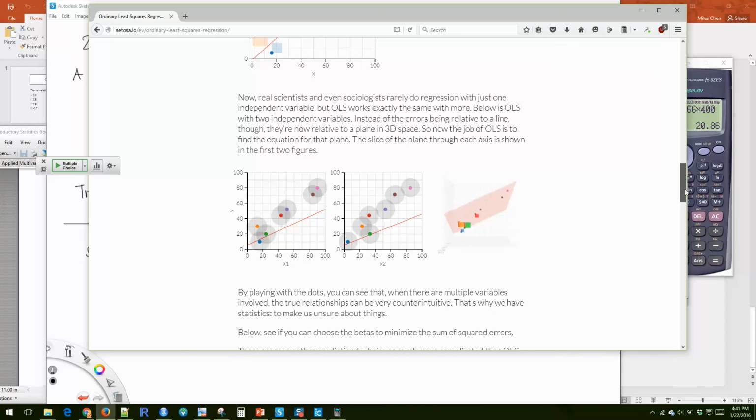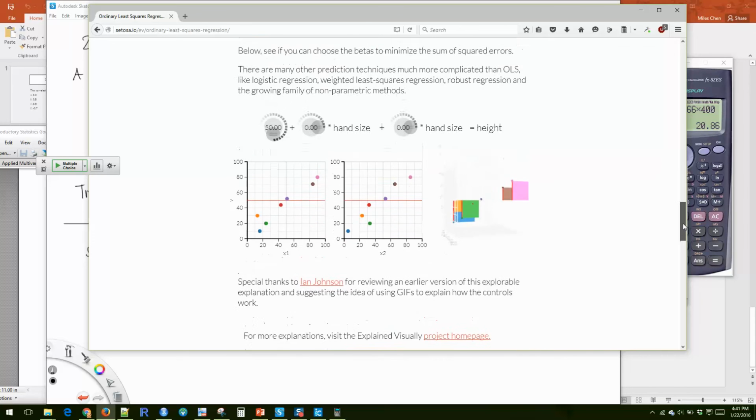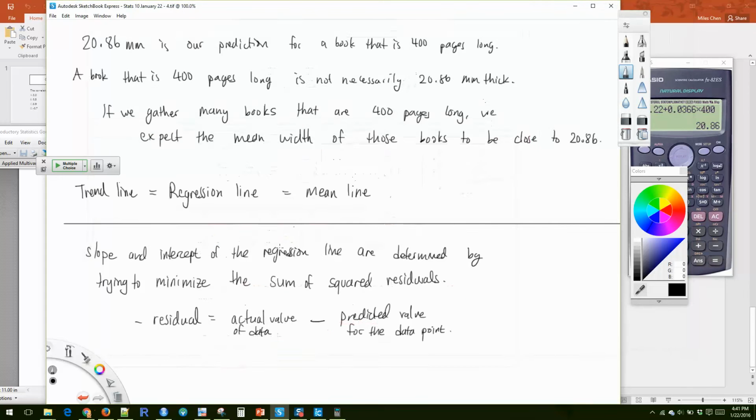Okay, and so anyway, this is just showing what we're doing. So we're trying to minimize the sum of squares of the residuals there. Okay. So if you do some calculus to try to solve this as a problem, you're going to find that the slope and the intercept will actually have these nice little formulas that we can use.